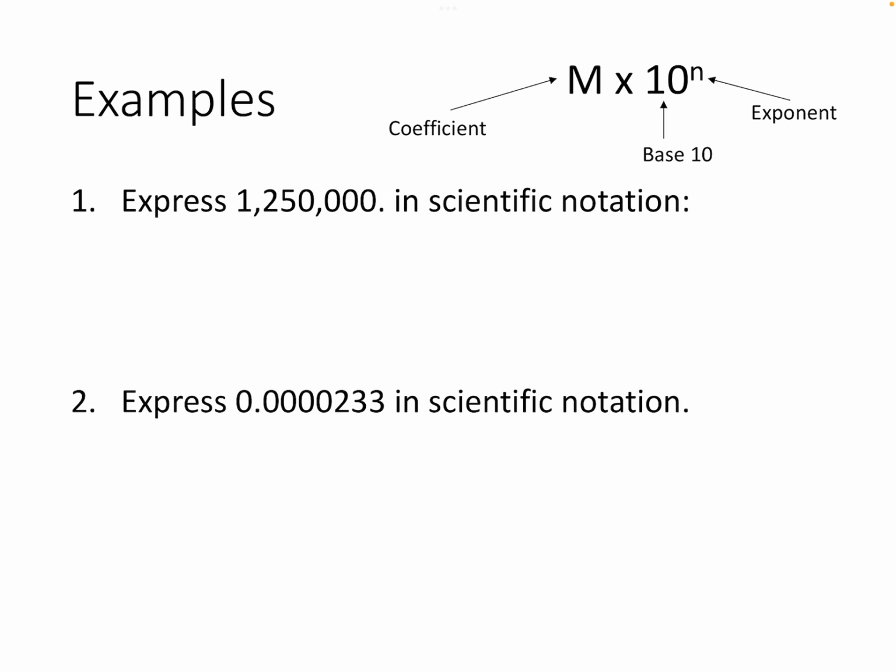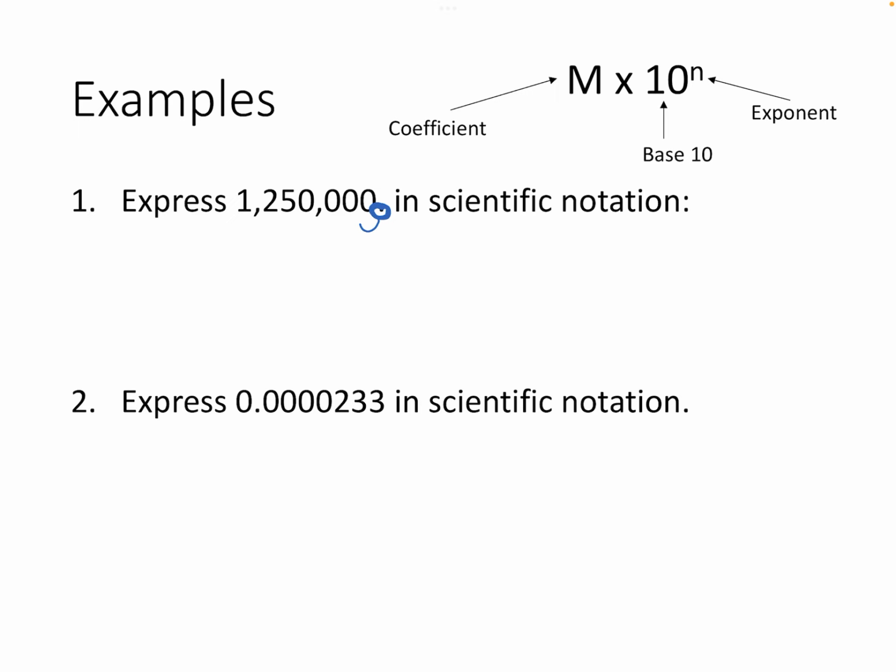So for the first one, remember our coefficient M has to be between 1 and 10 or equal to 1. So I'm going to move this decimal point on the end over until I hit a number that's between 1 and 10.